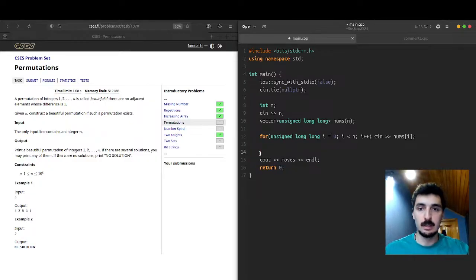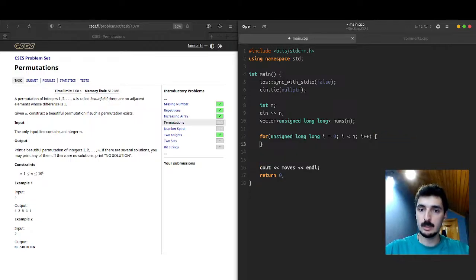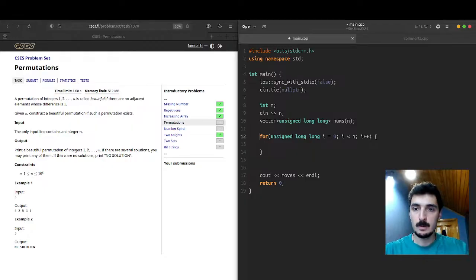We will have vectors. You know what, we're gonna have two vectors.